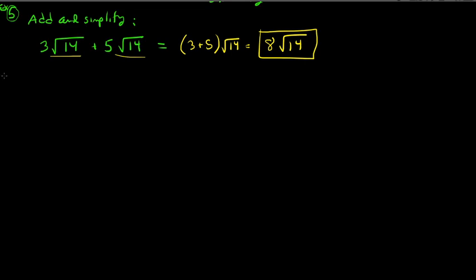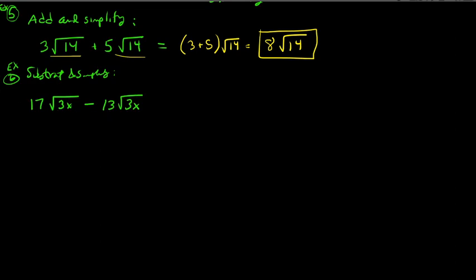And the same thing, you can also subtract, right? So, example 6, let's subtract and simplify. Let's do 17 times the square root of 3x minus 13 times the square root of 3x.